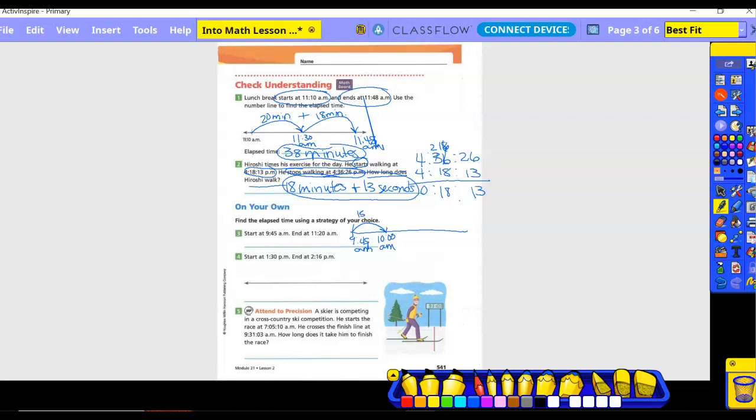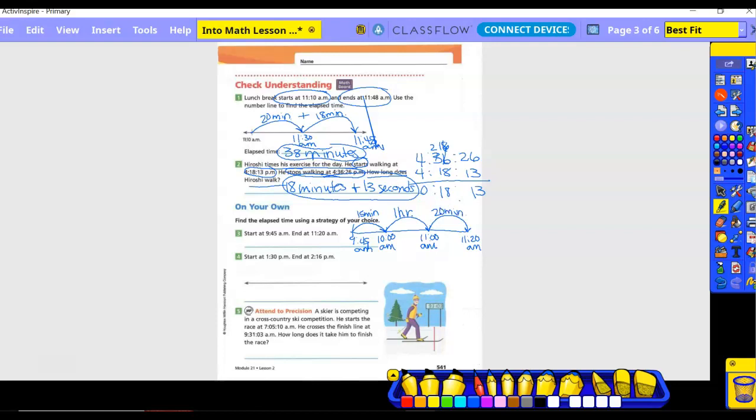15 minutes. Okay, then I'm going to go to my next hour, which is what? 11 a.m. And that's 1 hour, right? Okay. And then I'm going to end at 11:20 a.m. How much is it from 11 to 11:20? 20 minutes.